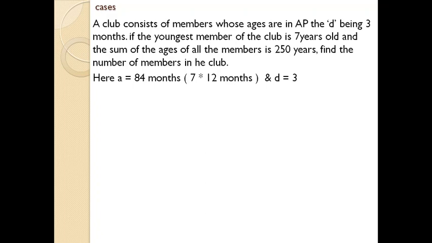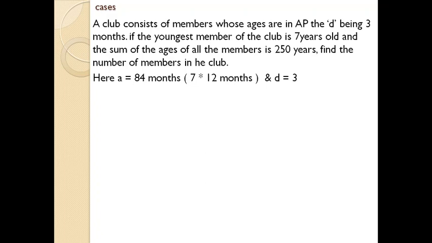So either you need to convert all the scales to years or all to months. For the time being, let's convert the available years into months. If the youngest member of the club is 7 years old, 7 into 12, you will get 84 months.